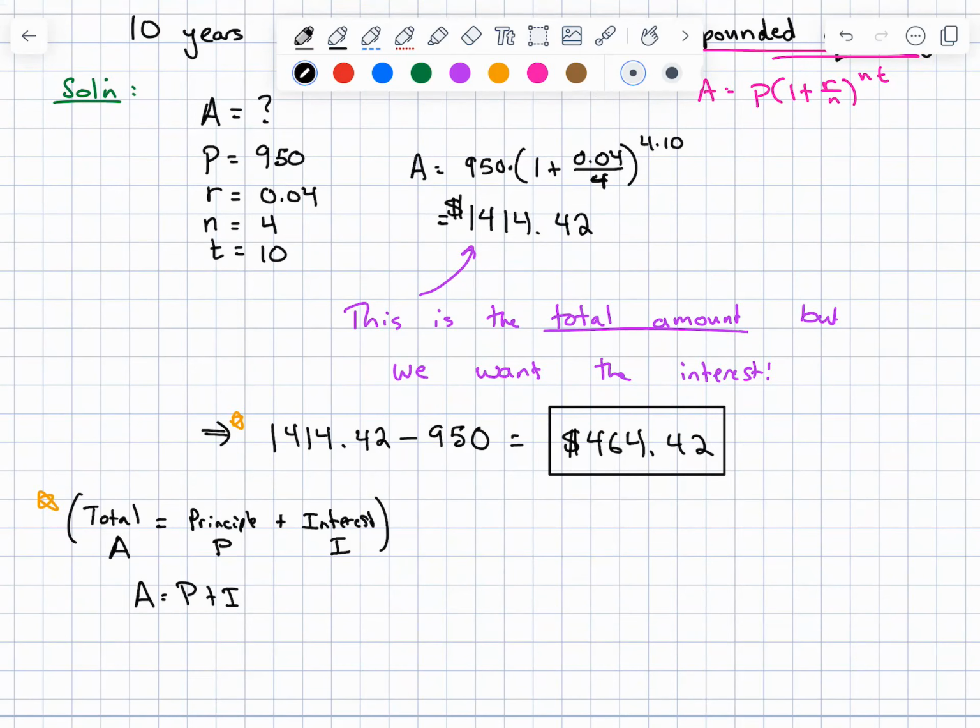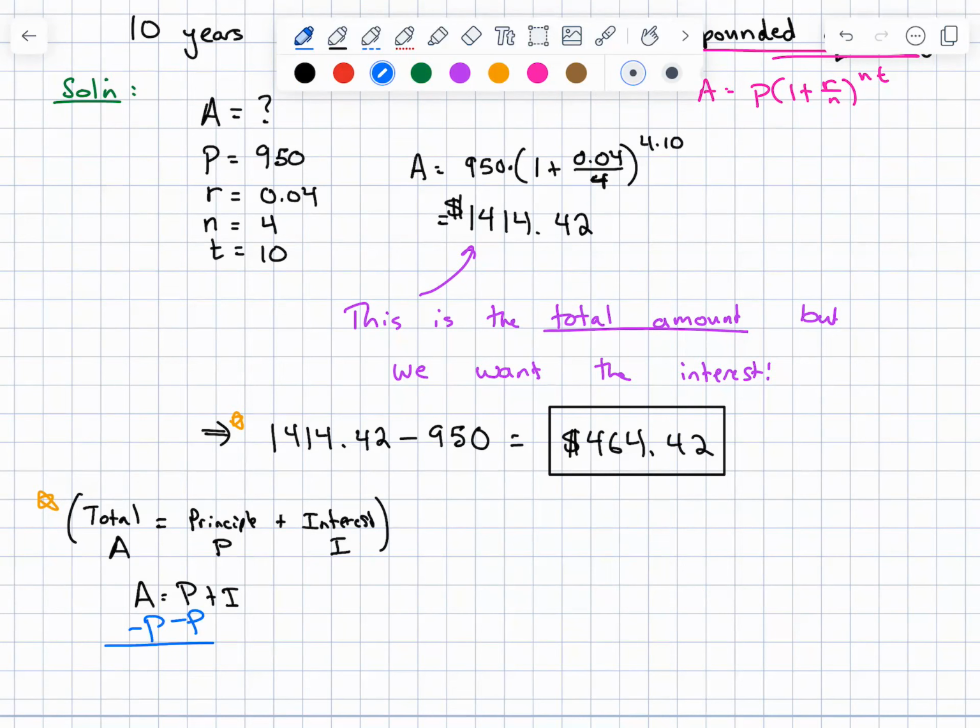If you have the total amount and the principal, you can find the interest by taking the difference. If you have principal and interest, you automatically have the total amount. If you need to find interest, you just subtract P from both sides, which is exactly what we did here.